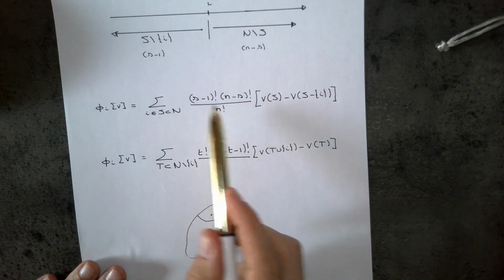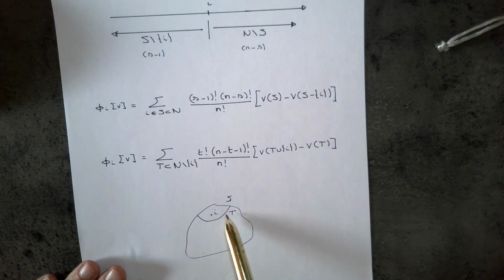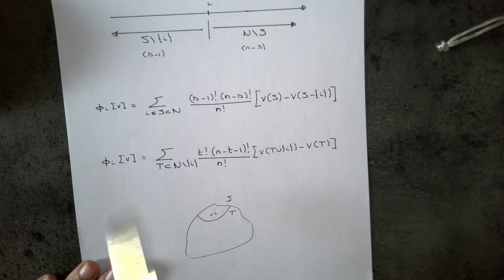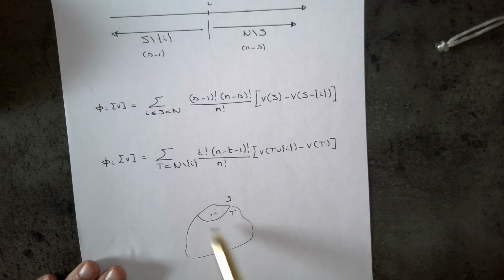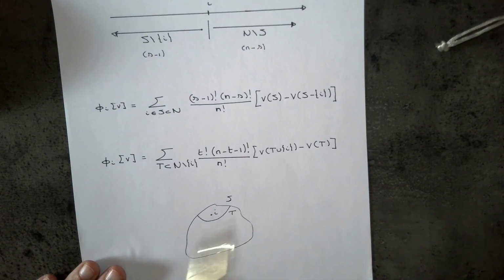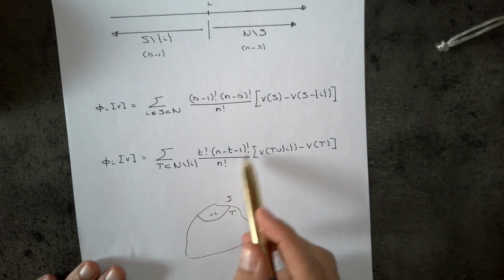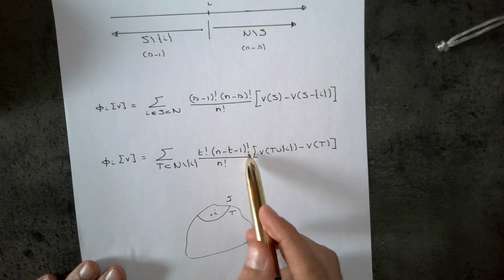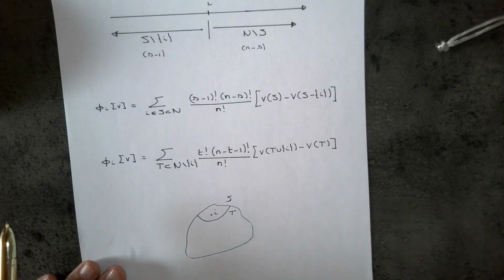And then, of course, s minus 1 is exactly the size of T, right? So we have |T| factorial here. n minus s, well, it's n minus |T| minus 1, because T is one element smaller than S. So we have n minus |T| minus 1 factorial here divided by n factorial.